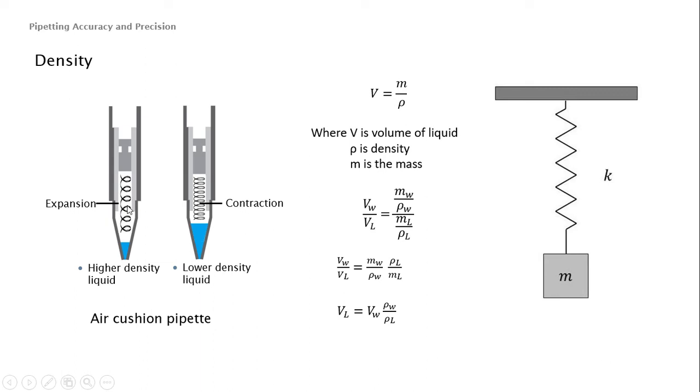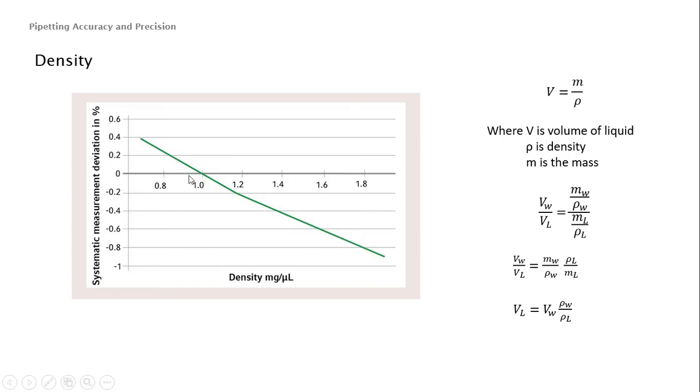We can substitute that into this equation, and we can get the volume of the new liquid aspirated in reference to the water. Actually, we can simplify this formula: the volume of the liquid is equal to the volume of the water multiplied by the density of the water all over the density of the liquid.